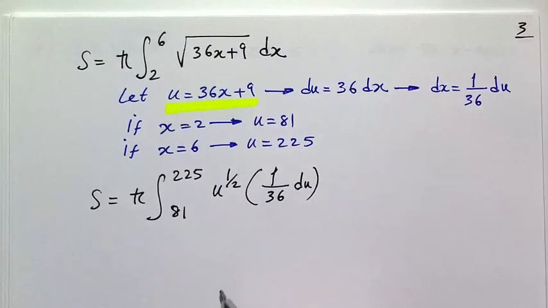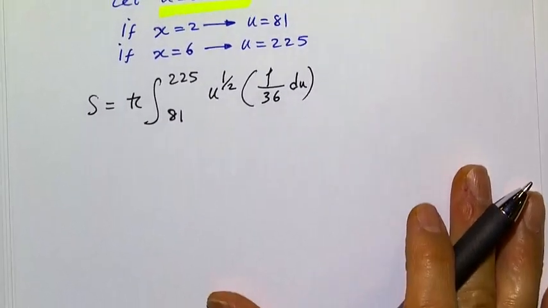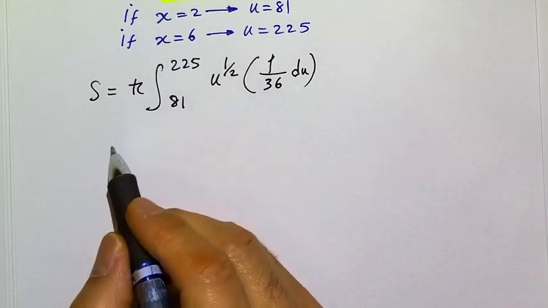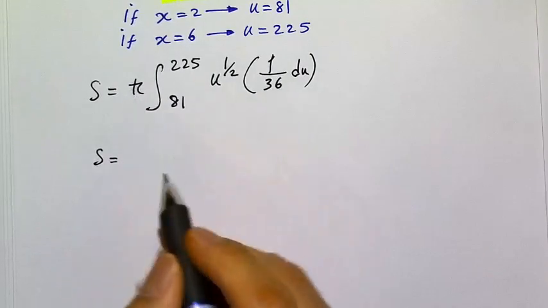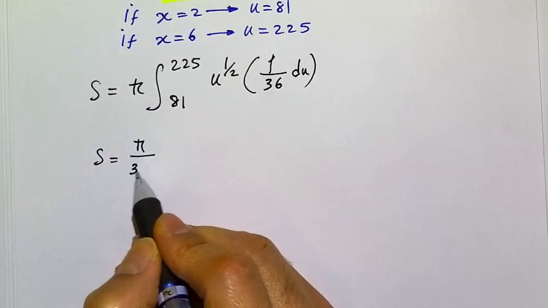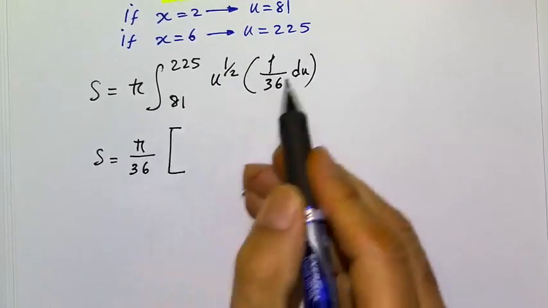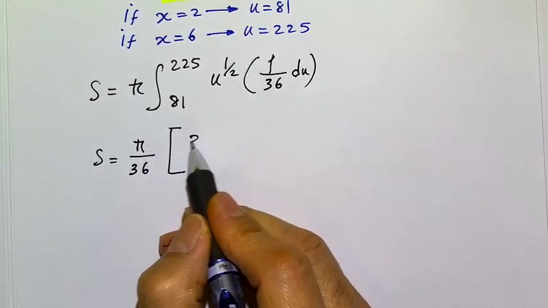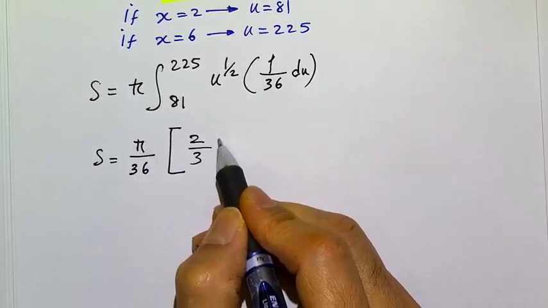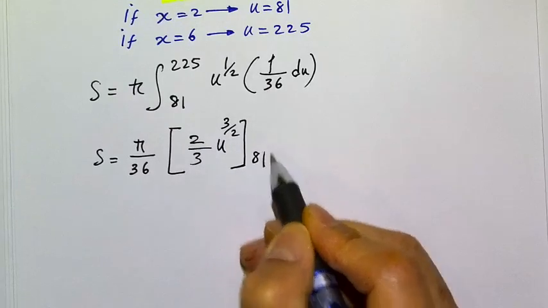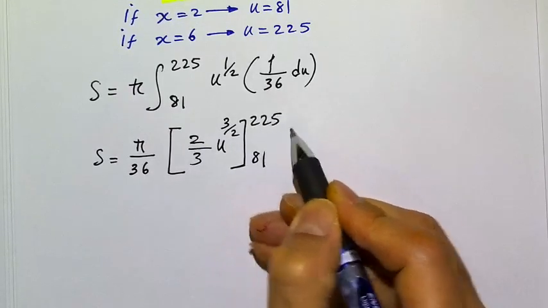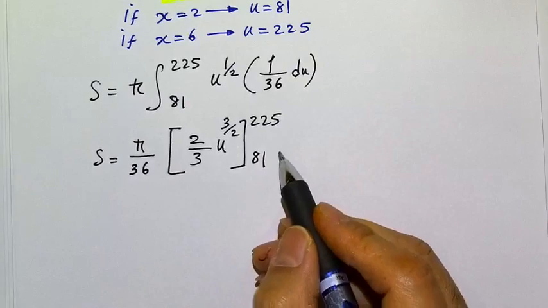Okay, we're getting closer to completing this. So we have pi over 36, and let's just integrate that. This is pretty easy to integrate: 2/3 u to the 3/2 power, from 81 to 225.